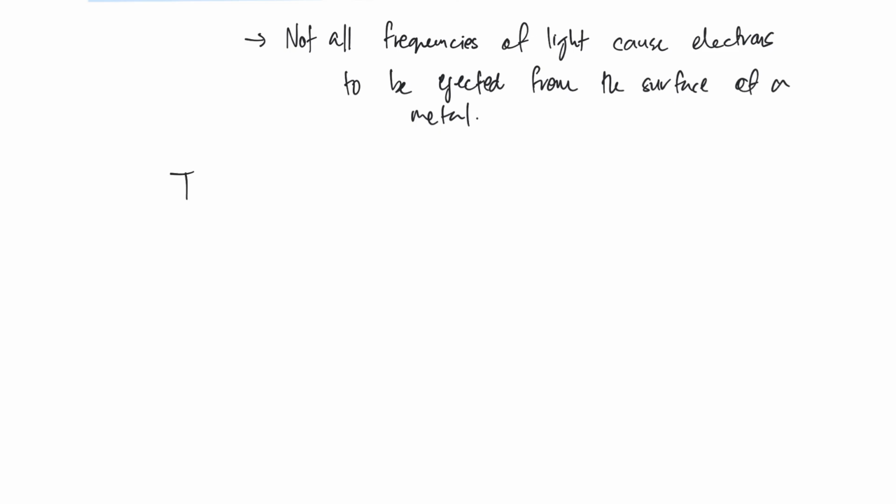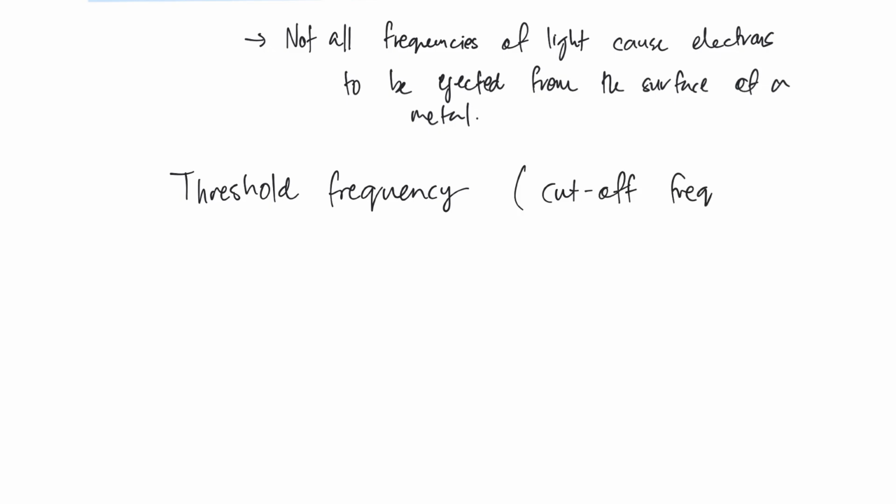If I have something called the threshold frequency, what the threshold frequency is, it's called the cutoff frequency. And the symbol that we're going to use for threshold frequency is f with a little subscript of 0 underneath it.